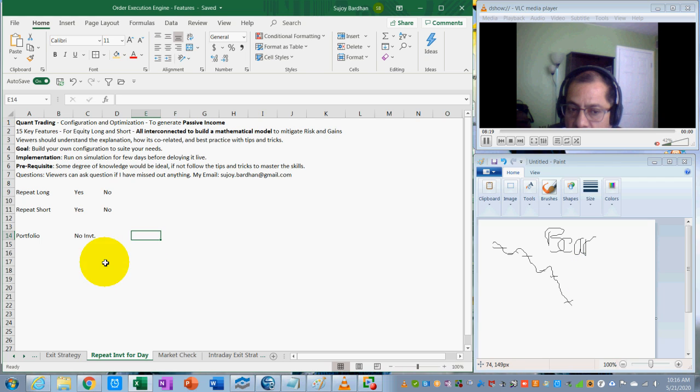So the point to note here is you can take advantage of a stock which is continuously rallying in the direction which you anticipated. Say, for example, it's a bear day and you're seeing that, okay, Facebook is doing pretty badly for whatever reasons, and it's going down and down and down.